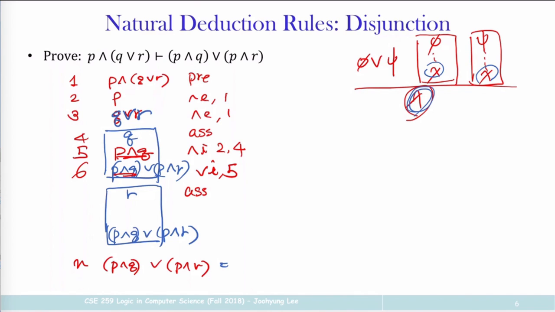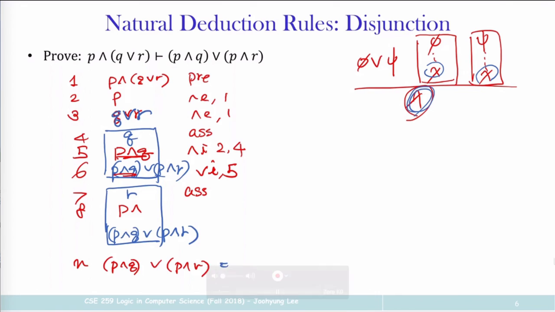The next box is also dual because the reasoning is symmetric. Okay, let's actually go over that. So line 7 we assumed R. Line 8 we can derive P and R. No problem. So from line 8 we can derive P and R from line 2, and introduction to line 2 and 7.